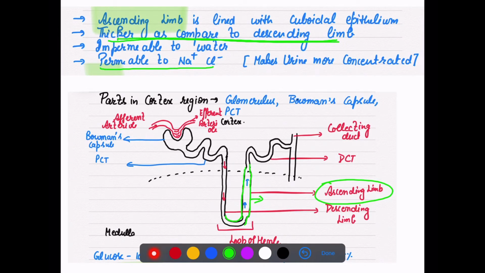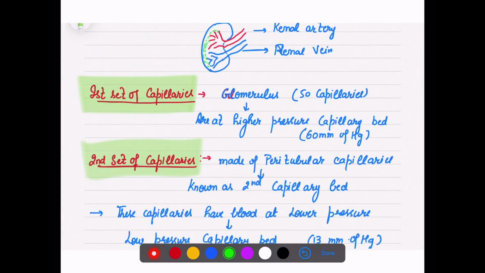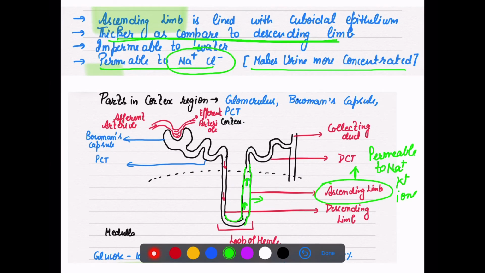So when urine comes to this point, it will be more and more concentrated. Why? Because the ascending limb is permeable to ions, so more ions will be there. The last one is that ultimately there will be our DCT.